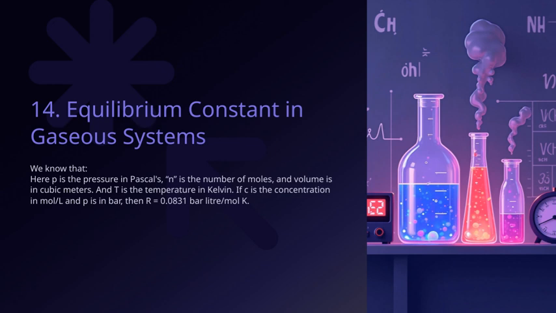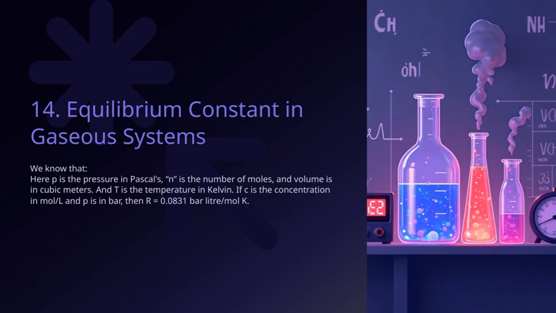Moving on to the next point, which is the equilibrium constant in gaseous systems. This is a crucial concept because it helps us understand how gases behave when they reach equilibrium. The key idea here is that the equilibrium constant relates the concentrations or partial pressures of gases at equilibrium, and it's essential for predicting the direction of reactions and the extent to which they proceed.